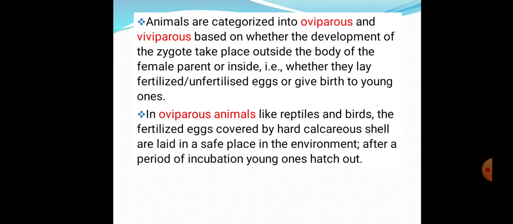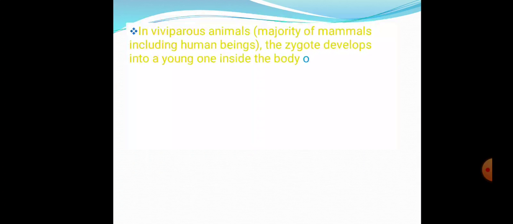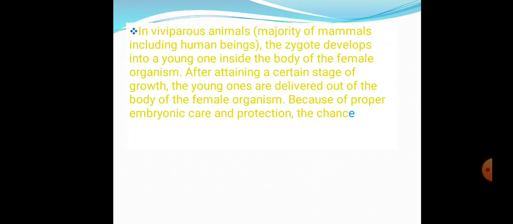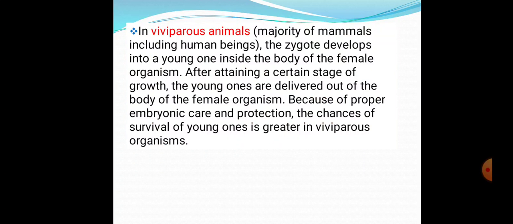After a period of incubation, the young ones hatch out. In viviparous animals, the majority of mammals including human beings, the zygote develops into a young one inside the body of the female organism. After attaining a certain stage of growth, the young ones are delivered out of the body of the female organism. Because of the proper embryonic care and protection, the chances of survival of young ones are greater in viviparous organisms.